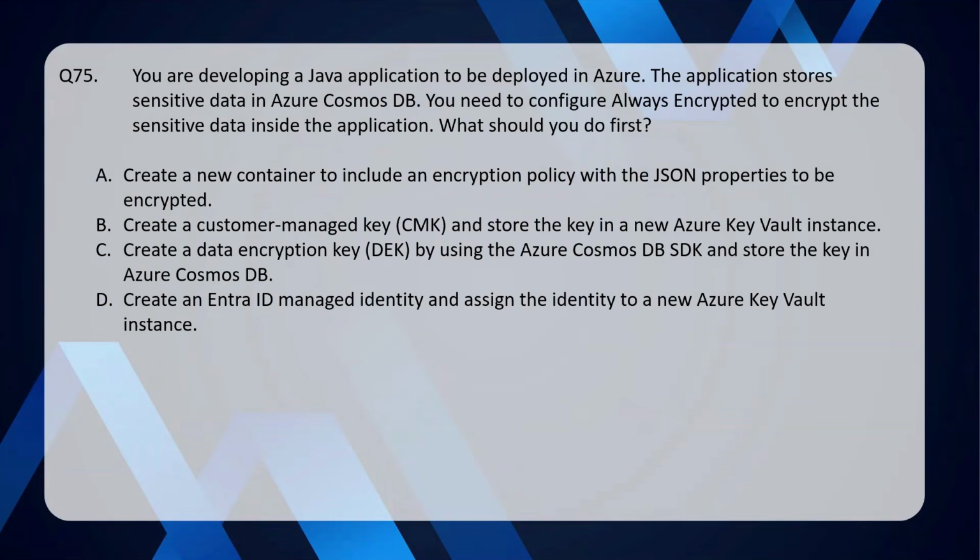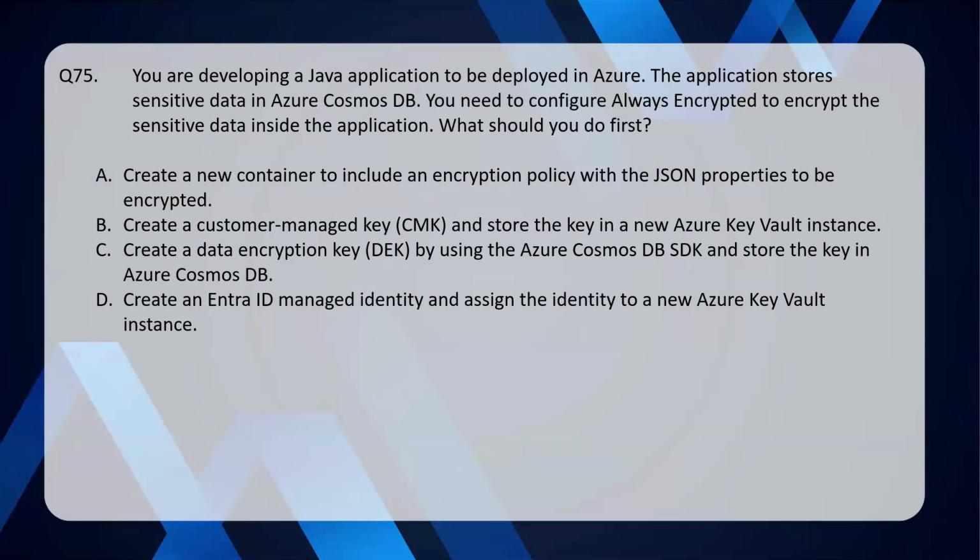Your options are: create a new container to include an encryption policy with the JSON properties to be encrypted; create a customer managed key and store the key in a new Azure Key Vault instance; create a data encryption key by using the Azure Cosmos DB SDK and store the key in Azure Cosmos DB; create an Entra ID managed identity and assign the identity to a new Azure Key Vault instance.